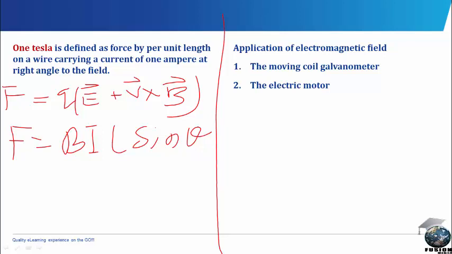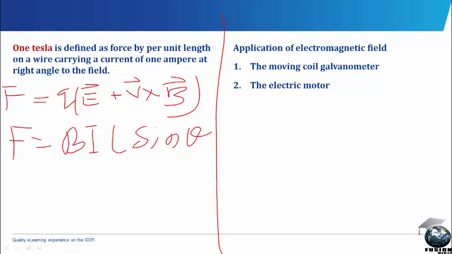Then we can state advantages of moving coil galvanometer. One, the field produced by the horseshoe magnet and the soft iron core is very strong, as such external magnetic field cannot influence it. Two, the instrument has a uniform scale because of the radial field provided by the soft iron core.